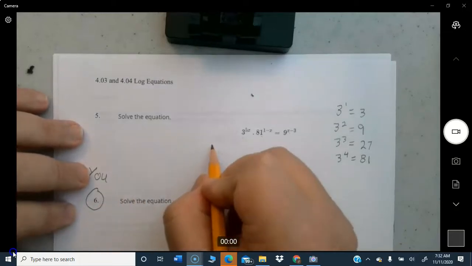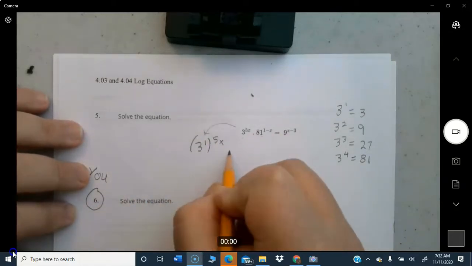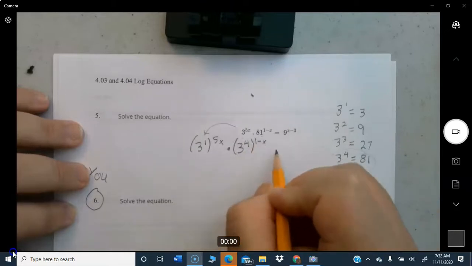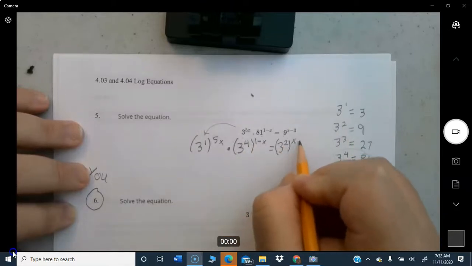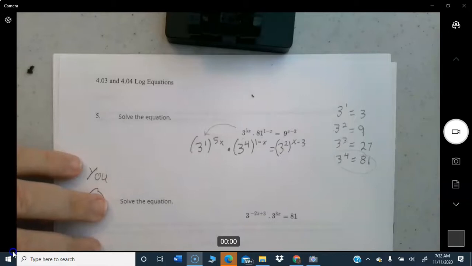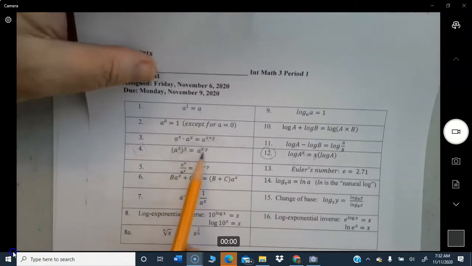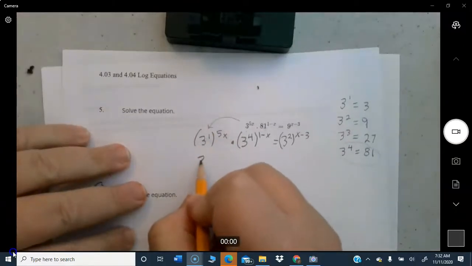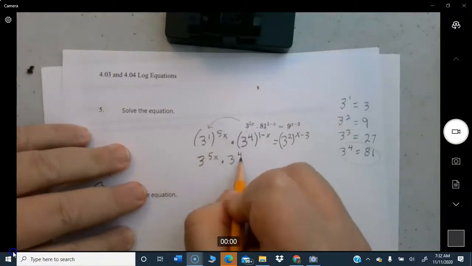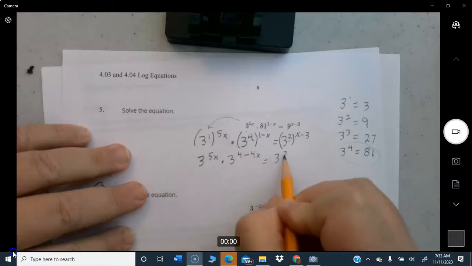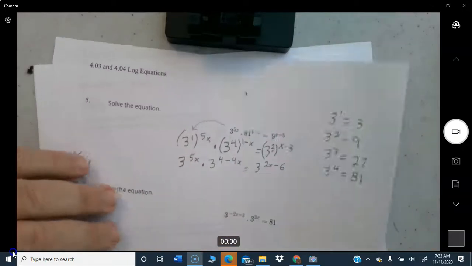Okay, so come over here. All right, so now you go ahead and use the principle we talked about, number 4: a raised to the x, and then taking that and raising it to the y is multiplying the exponents. So this one becomes, all right.